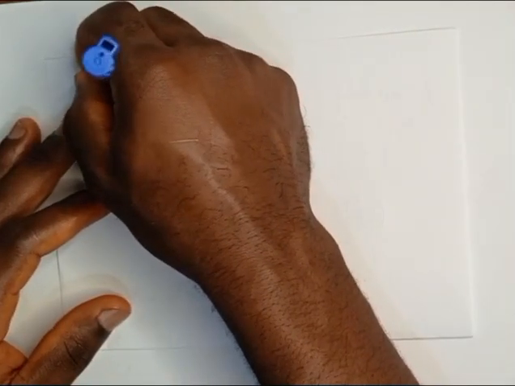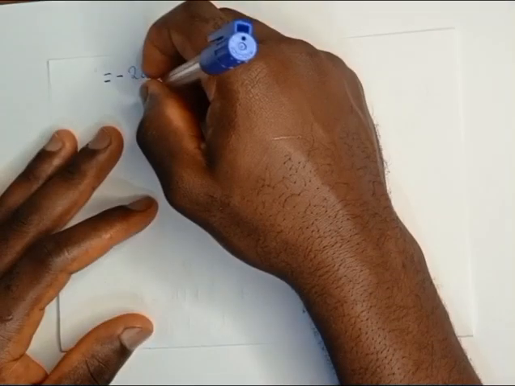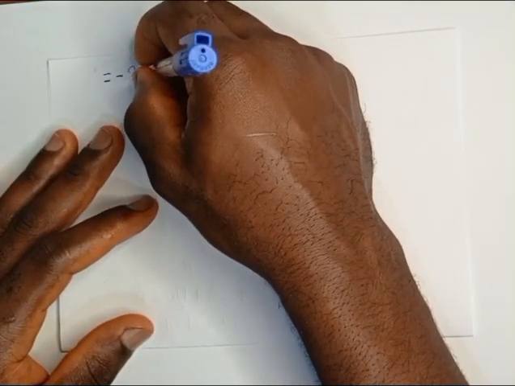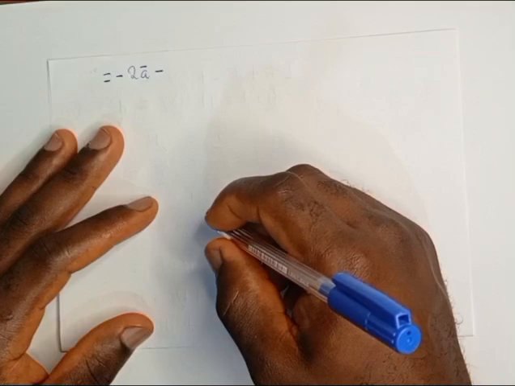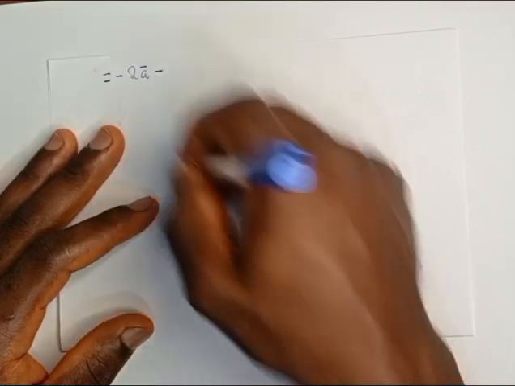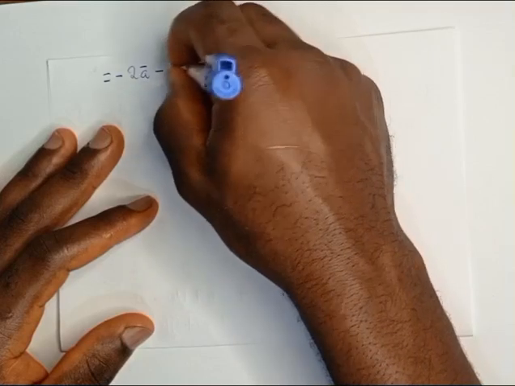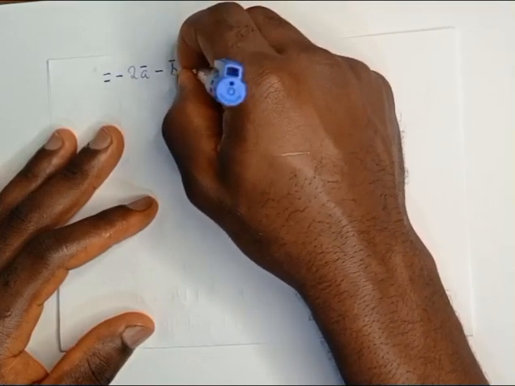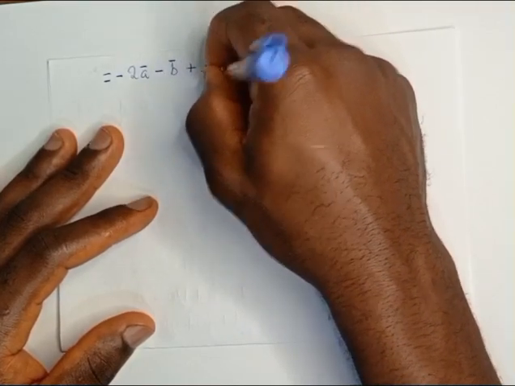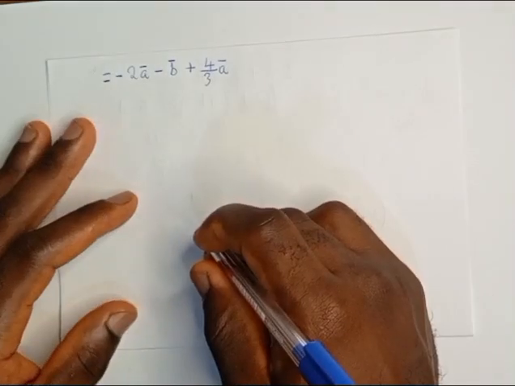This will simply be equal to negative 2A bar minus OR vector is B bar plus 4 on 3 A bar.